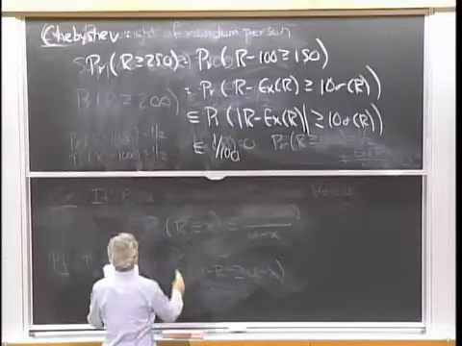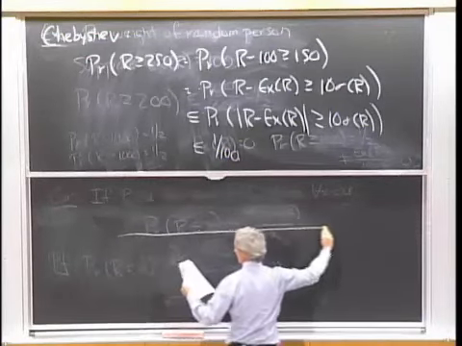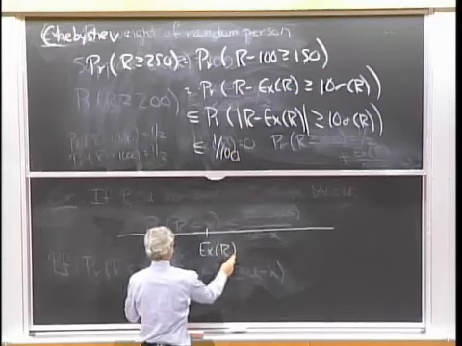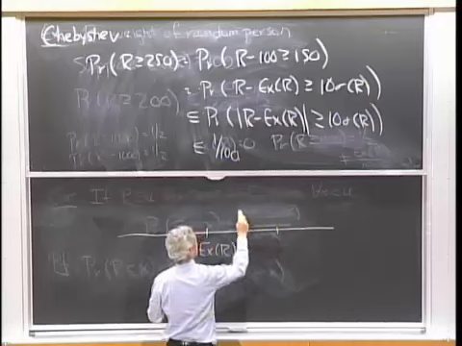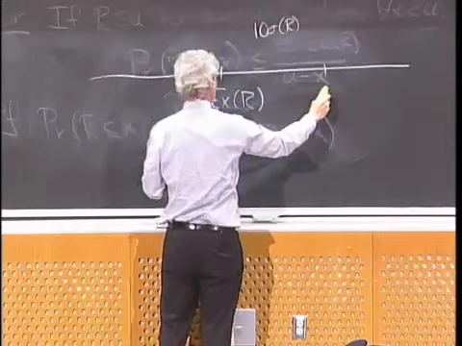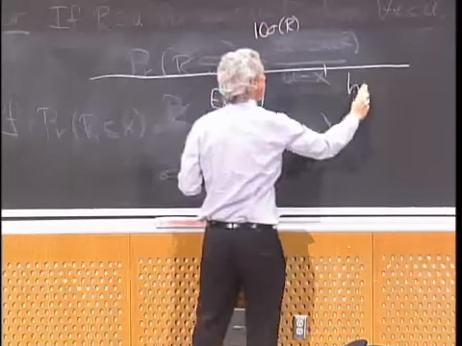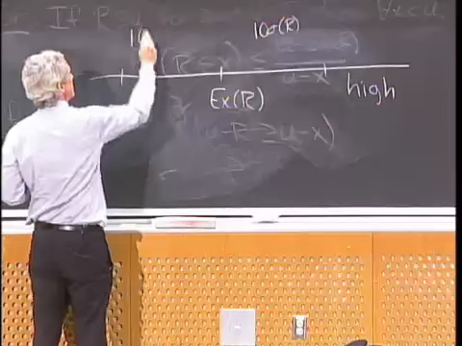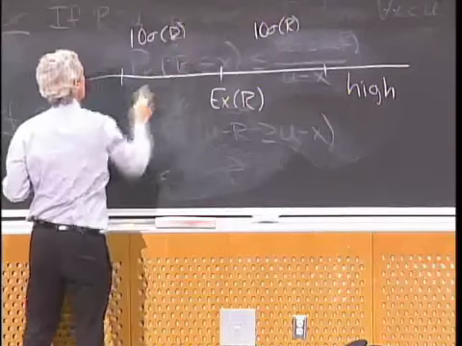All right, let's say here's a line, and here's the expected value of R. And say here's 10 standard deviations high here. So this will be more than 10 standard deviations. And this will be 10 standard deviations on the low side. So here I'm low.